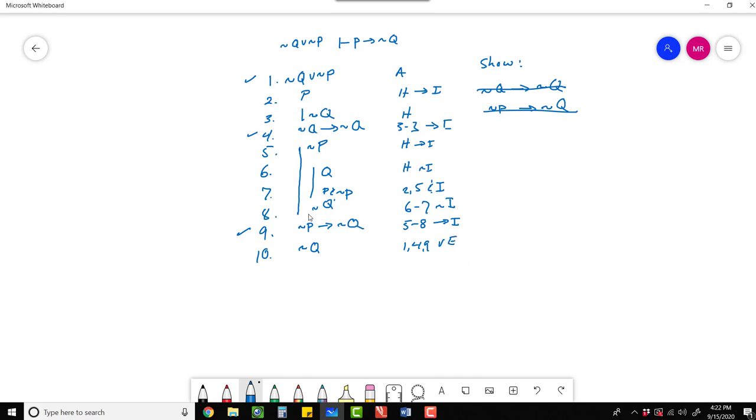And we're done, right? Nope, we're not done because that's not what we're trying to prove. We got one more step, 11. If P, then not Q, 2 through 10, conditional introduction, and one big long line, 2 through 10.